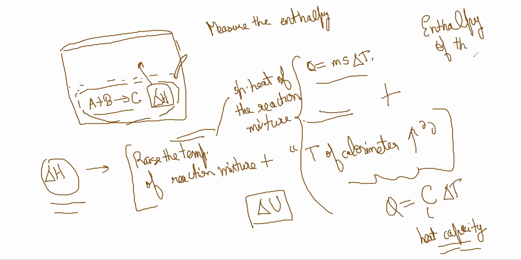Now, sometimes what can happen is that you did not take 1 mole amount of this and 1 mole amount of this and 1 mole amount of this. And also the reaction did not go to completion, right? You could have taken some arbitrary amount, X grams of A, and did that reaction.